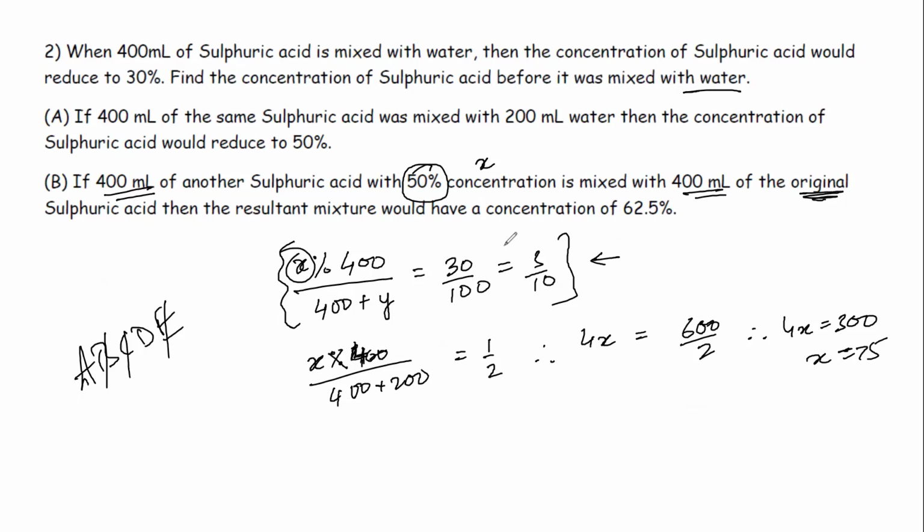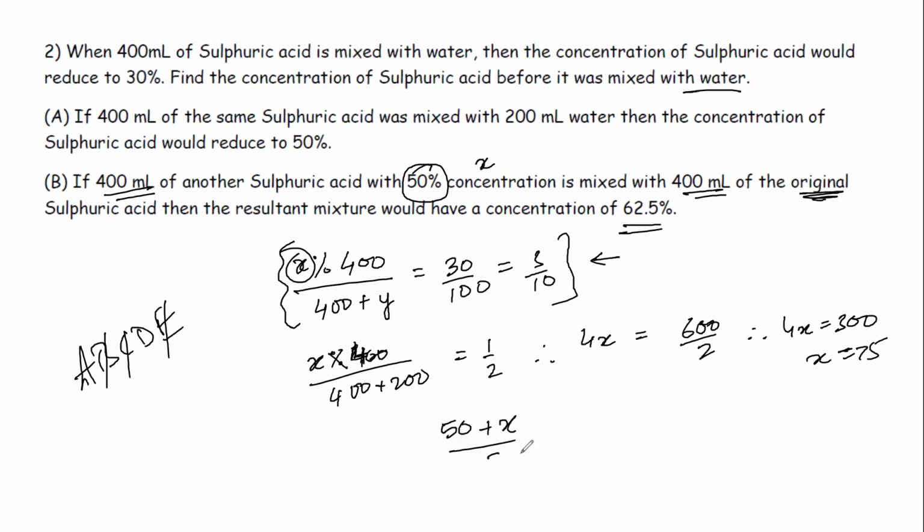So average is 50 plus X by 2 is 62.5. That's how it works. So 50 plus X by 2 is 62.5, and 62.5 into 2 is 125. So we can solve it this way.